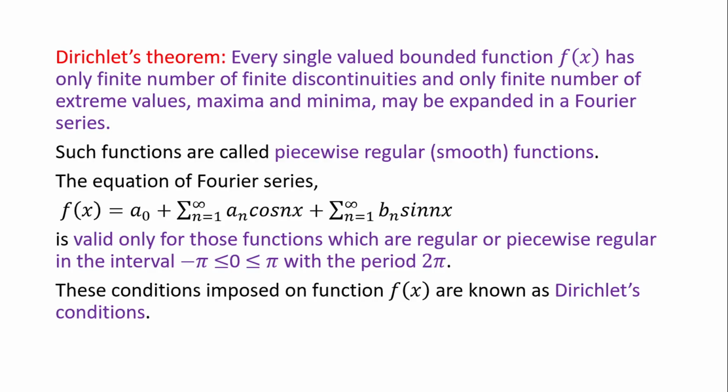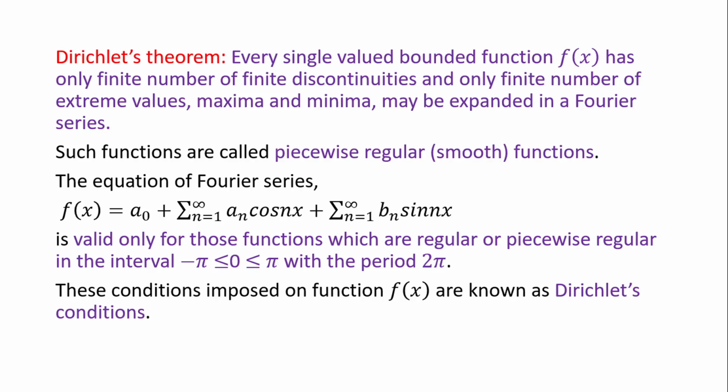After knowing the Dirichlet theorem, let us try and represent the simple functions, that is even and odd functions. As we already know, if f(x) is even, we came across a Fourier series as a series of cosines only, and we call it a cosine series.